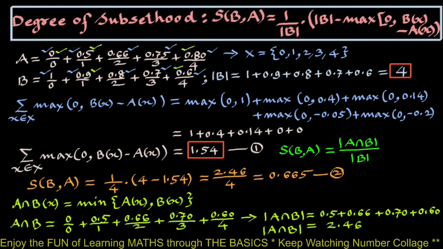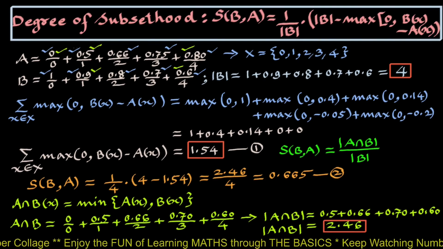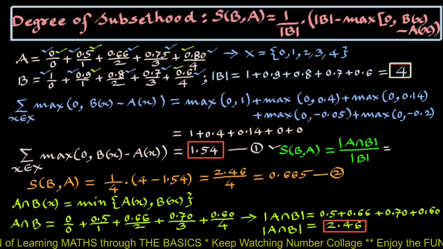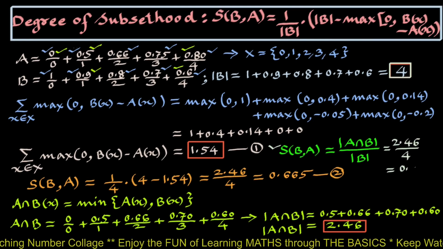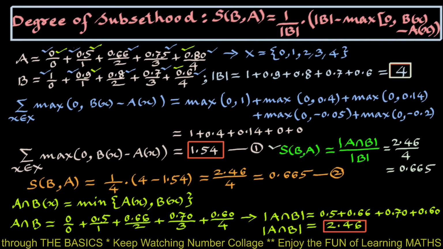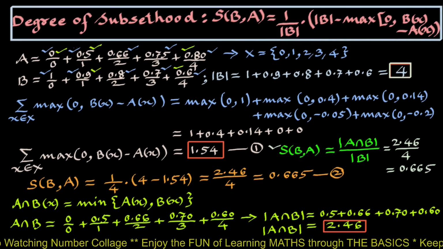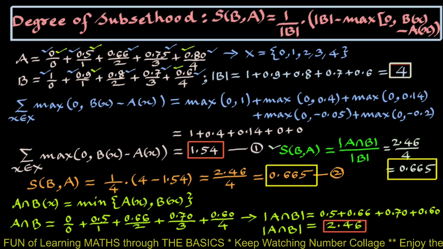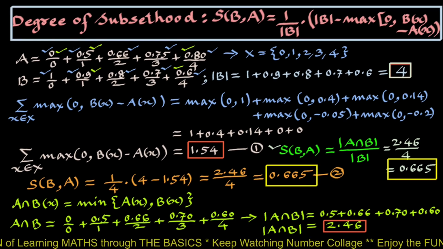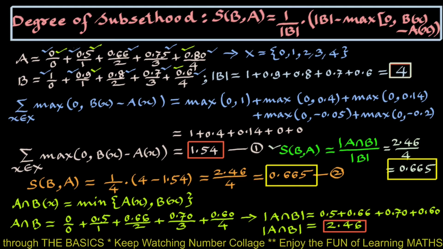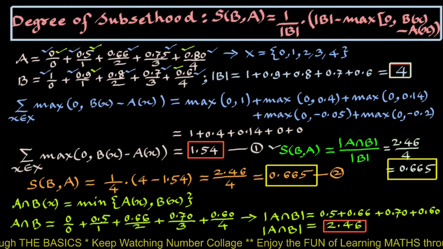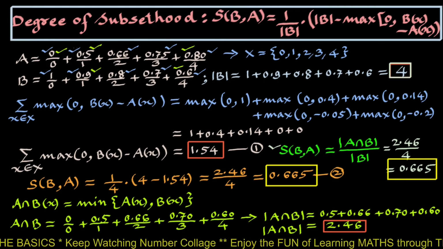Now we will substitute this value and this value in this formula that gives 2.46 upon 4, 0.665, which is exactly the same value here. This also verifies that we can directly use this formula S B in A equals scalar cardinality of A intersection B upon scalar cardinality of B.